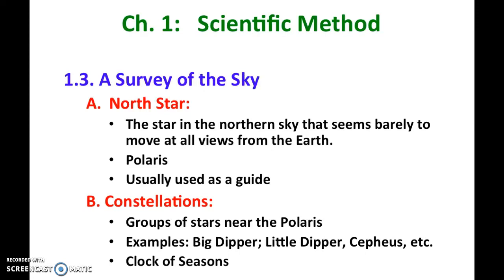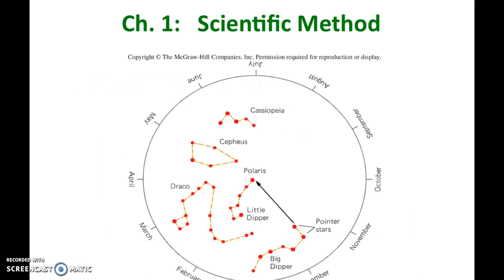There are many groups of stars near the Polaris called constellations. Some typical examples of constellations are Little Dipper, Big Dipper, and Cepheus, and so on. The map of constellations can be used as a clock of season.